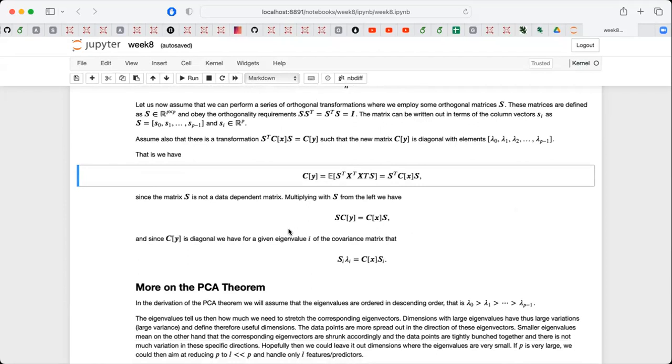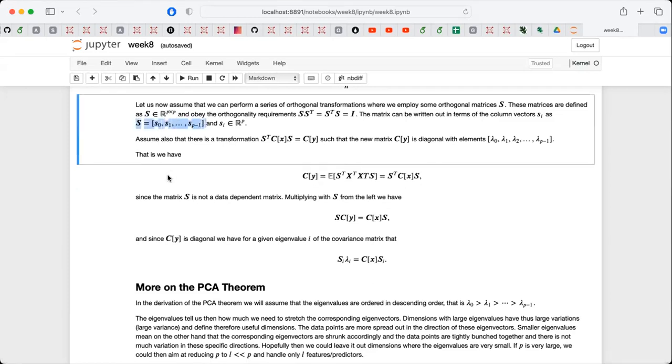So what this actually means is that C of Y is diagonal, and then we have an eigenvalue problem of the covariance matrix, where the eigenvalue acting on one specific column vector is given by the covariance matrix multiplied with this vector S of I. So S of I is just one of the column vectors of this orthogonal matrix, as you can see up here.